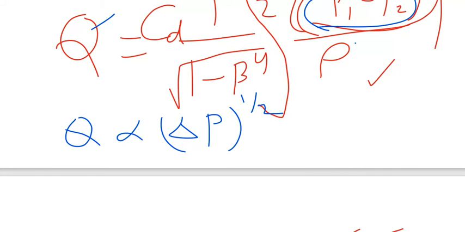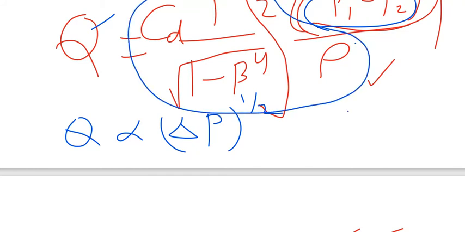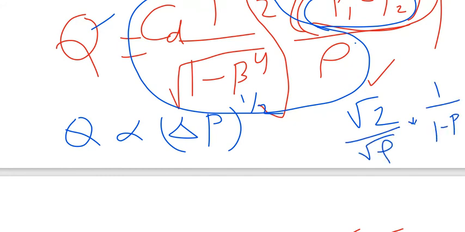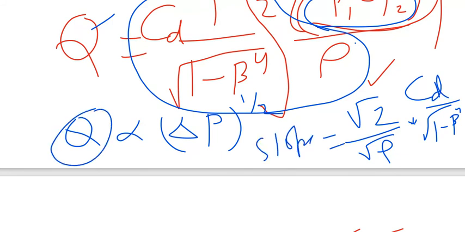The slope will be all of this: root 2 over root rho times 1 over root of 1 minus beta power 4, with CD. If we plot flow rate versus delta P power half, then from the slope value you can get the CD.